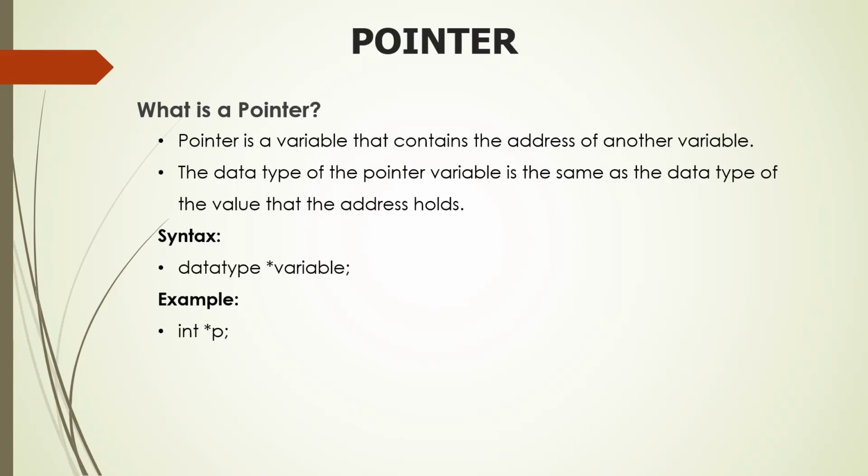This pointer has data type integer, so it can point to a value of integer type. It can hold the address of an integer value. If you declare float *ptr, then that pointer is going to hold the address of a floating point value. If you create char *p1, then pointer p1 is going to point to a character value.